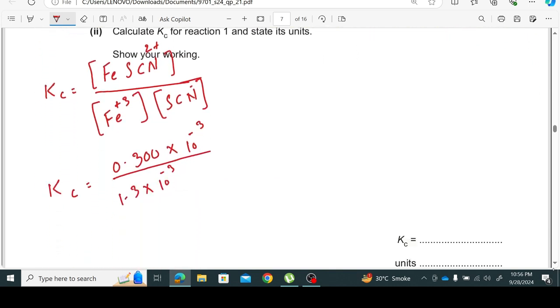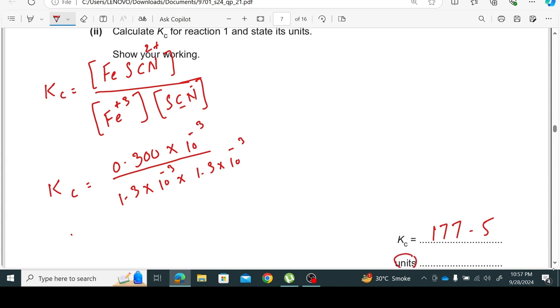So I will write multiply with 1.3 into 10 to the power minus 3 for this SCN. Just use your calculator and find this answer. So your Kc should be equal to 177.5.